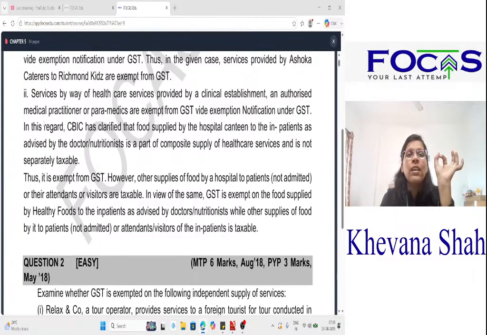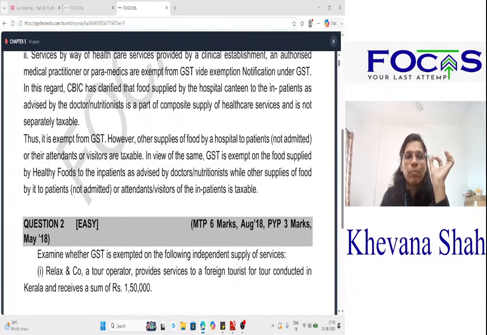In this regard, CBIC has clarified that food supplied by the hospital canteen to the inpatients as advised by the doctor or nutritionist is a part of composite supply of healthcare service and is not separately taxable. Okay, so that is a part of your composite supply and it is exempt.